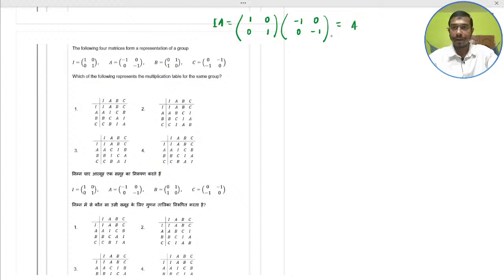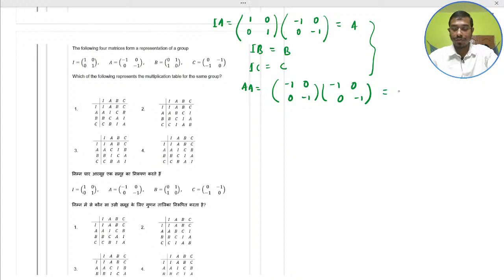This would be A. And similarly I into B multiplication would be B, I into C multiplication would be C. Now A into A means minus 1 0 0 minus 1 times minus 1 0 0 minus 1. A into A matrix multiplication would be I. Next, B into B should be I.